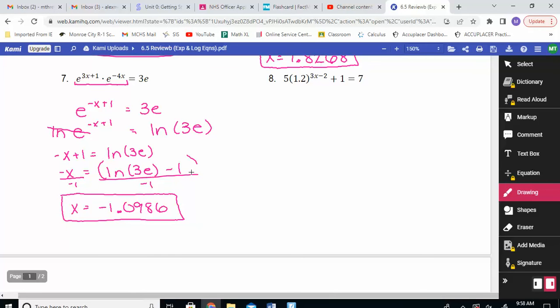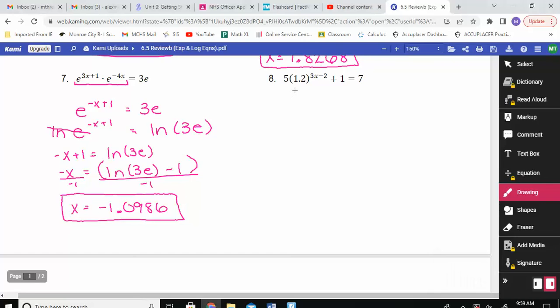Yes, so we need to set here. Anybody need help getting that one to work? What would I have to do in this problem?